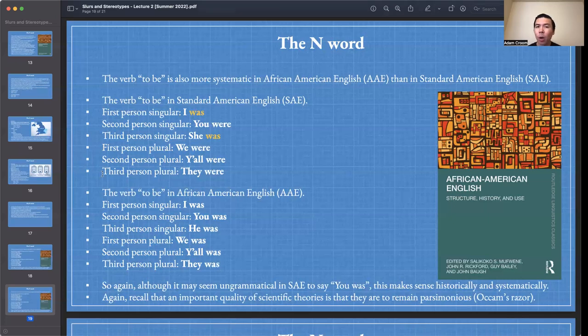Here we have I was, you were, she was, we were, y'all were, they were. And the verb to be in African American English is I was, you was, he was, we was, y'all was, they was, okay? So notice that the verb to be is much more consistent and uniform in AAE and less so in Standard American English.